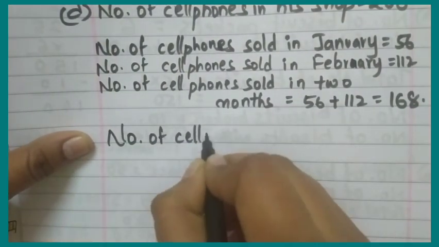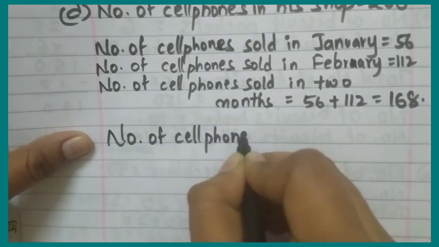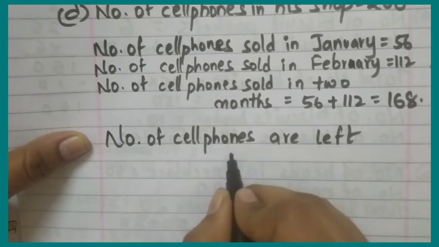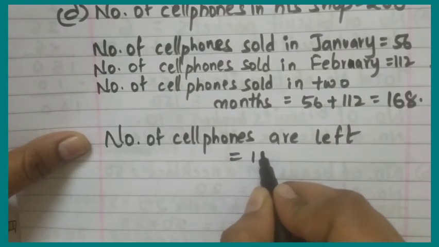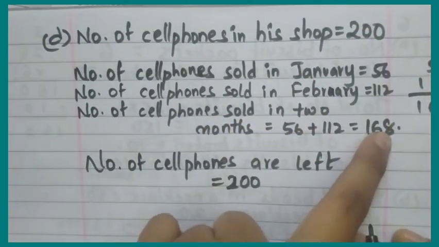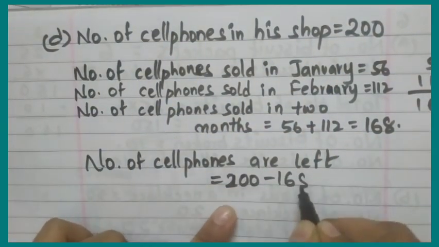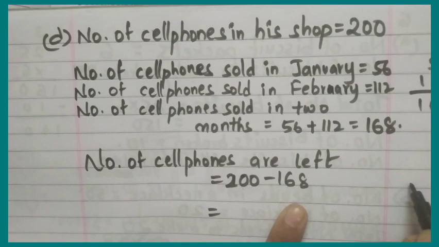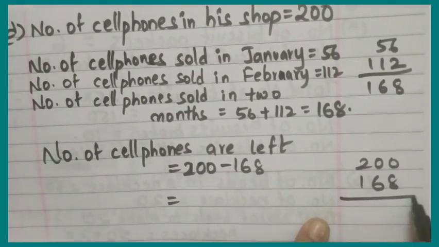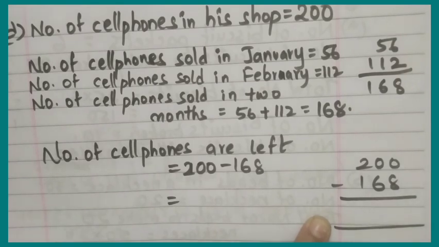Okay. Now number of cell phones are left. Total 200 are there. 200 minus 168. From 0 we cannot subtract 8, so we'll borrow.